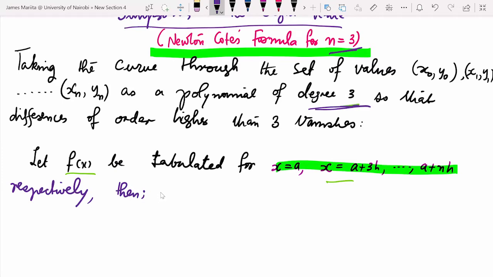If we have this function f of x tabulated at these particular points, so for this case, we have x is equals to a, we have x is equals to a plus nh, respectively, then obviously we're going to have something like this.